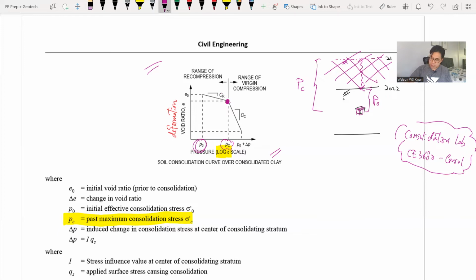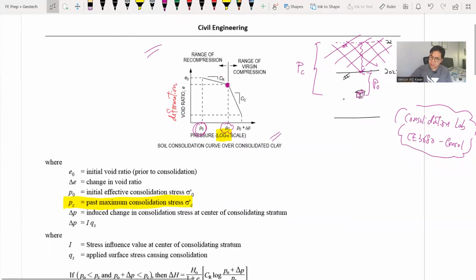Another concept here is P naught plus delta P. P naught plus delta P is the final stress because of your project. It could be the same site.